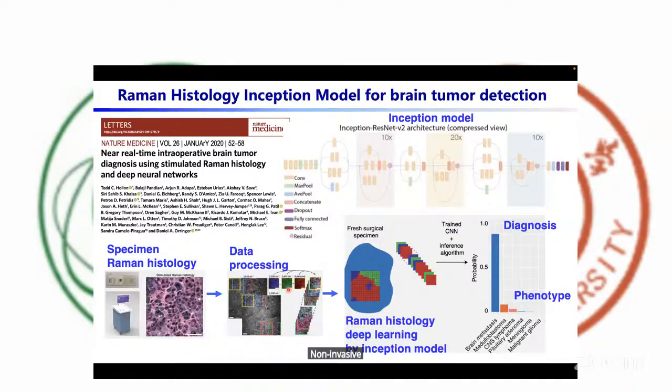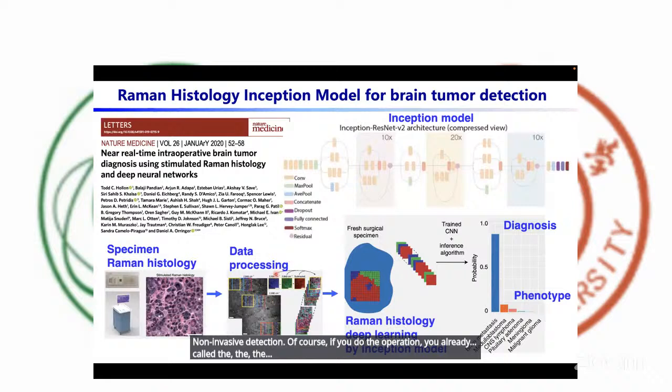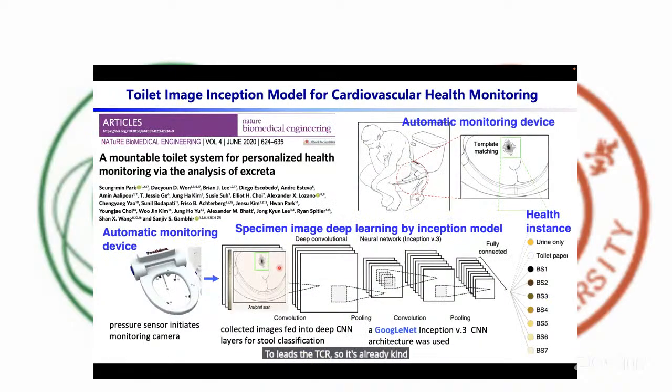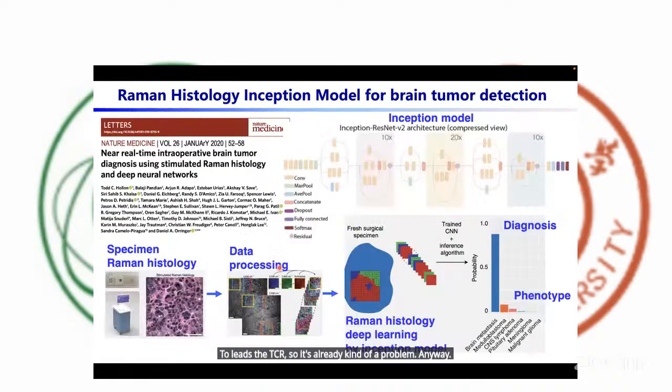Of course, if you do the operation, you already cut the bone to reach the tissue, so it's already kind of a problem. Anyway, here we get to know this so-called inception model. This is actually a more complex inception model. It is a combination of inception and ResNet models.